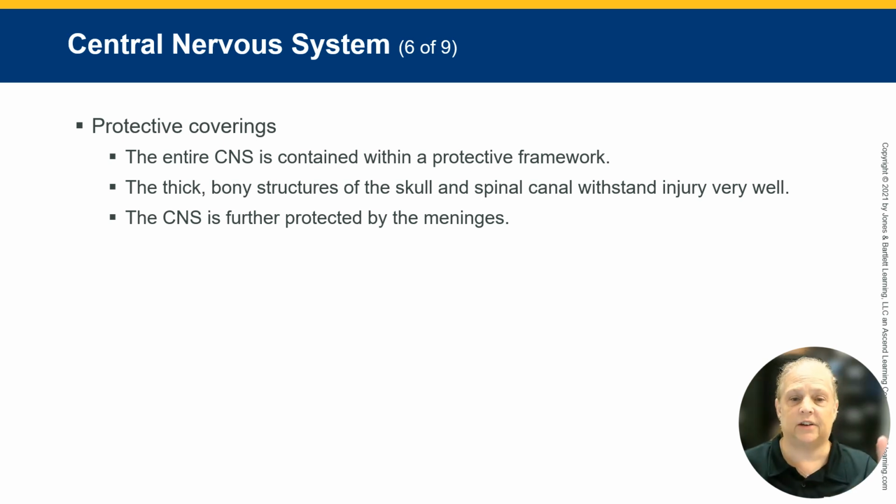The entire central nervous system is protected. We've got our cranium, our skull, which is protecting the brain. We've got our spinal canal or spinal column, which is protecting the spinal cord with bones. Then we also have meninges. It's like a sac that goes around the brain and spinal cord.